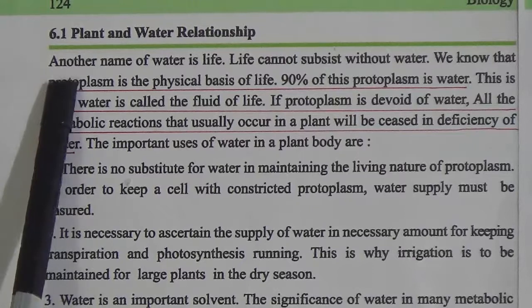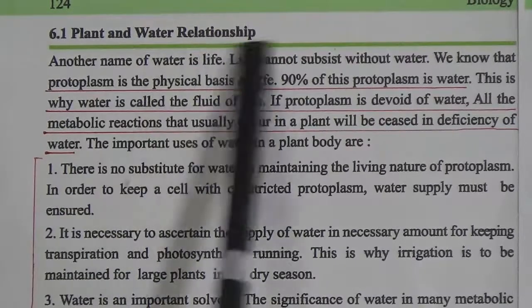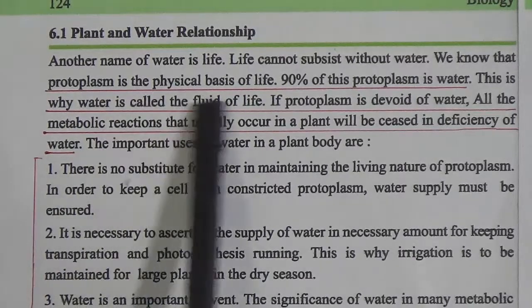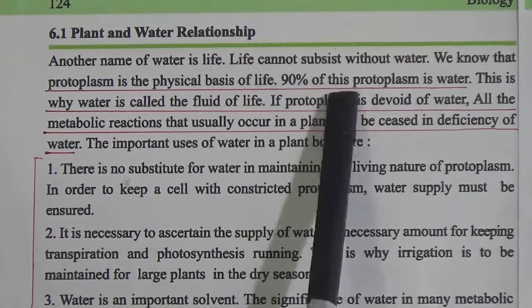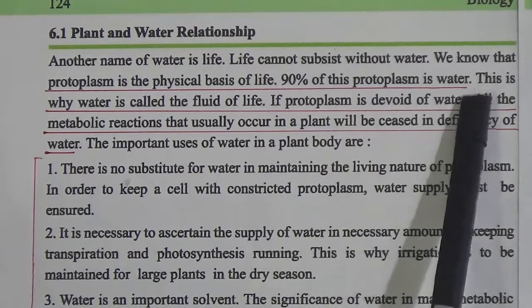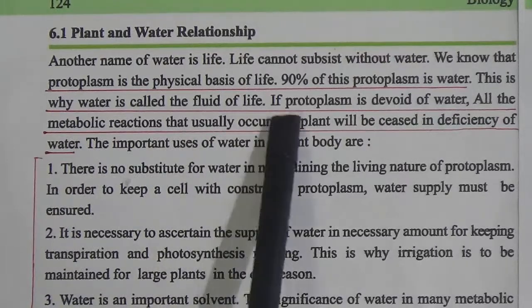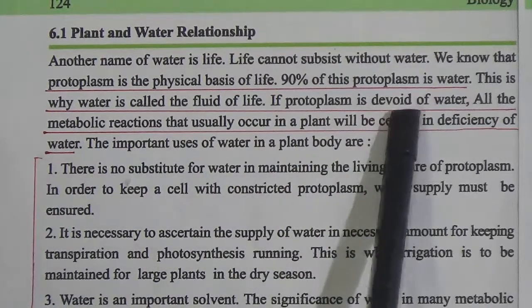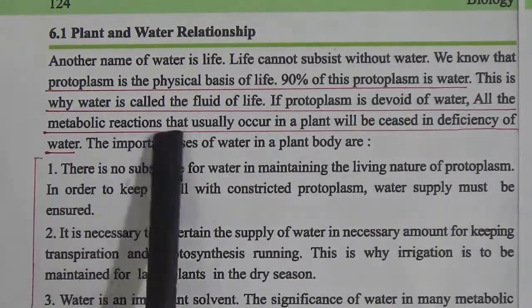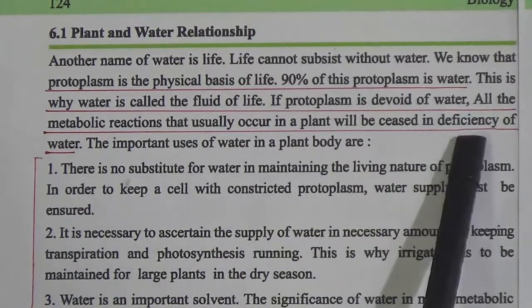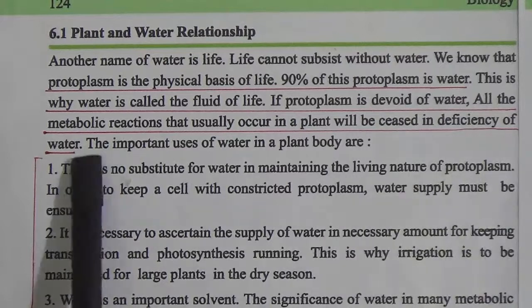Now come to the topic, the plant and water relationship. Protoplasm is the physical basis of life. 90% of this protoplasm is water. And why is water called the fluid of life? If protoplasm is devoid of water, all the metabolic reactions that usually occur in a plant will cease in the deficiency of water.